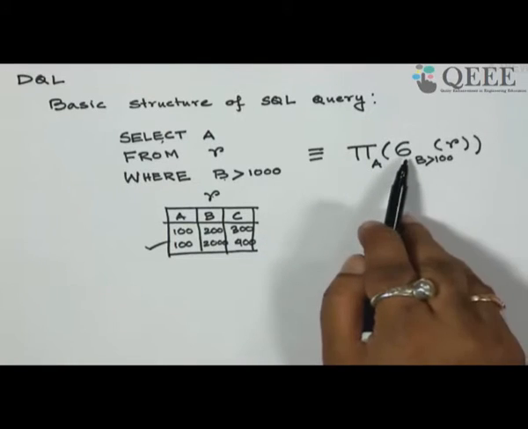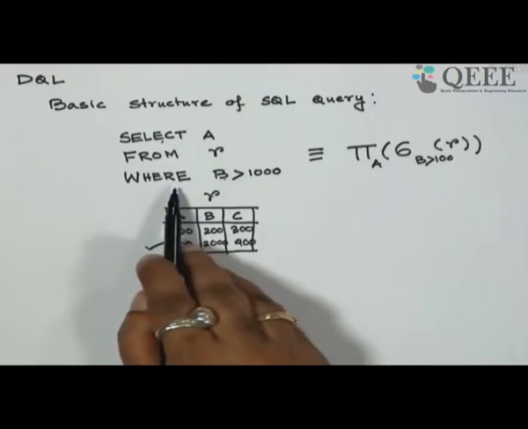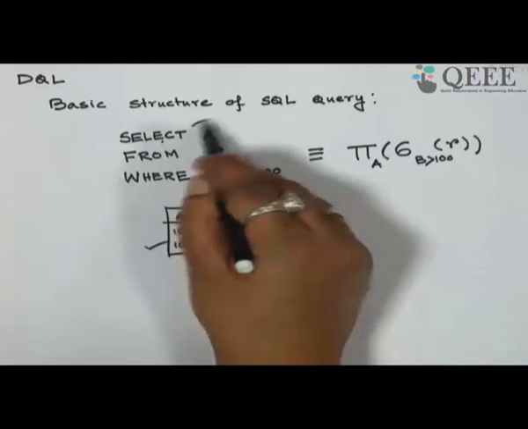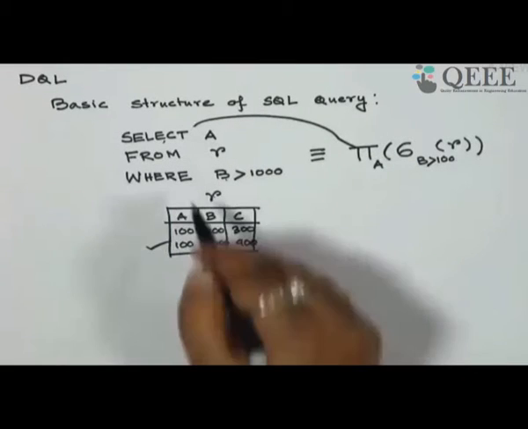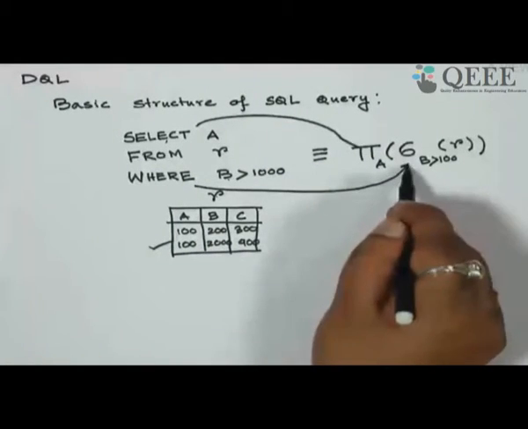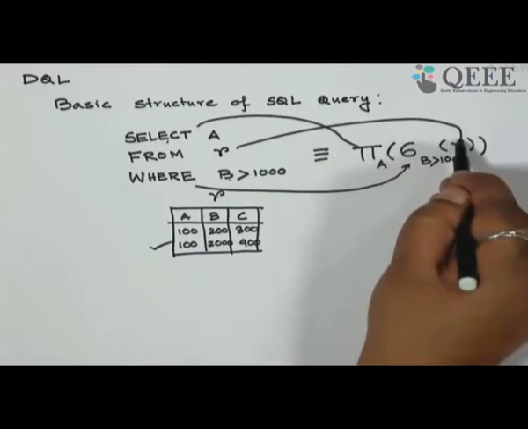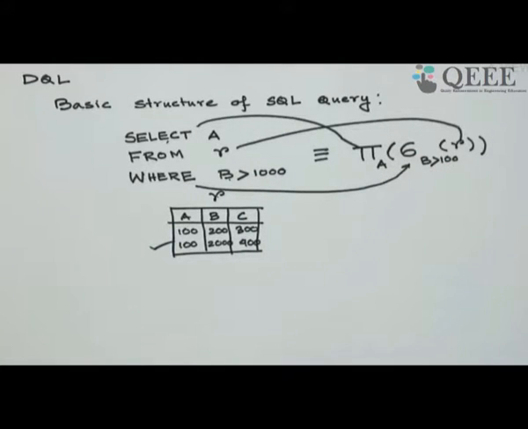The selection operator in relational algebra is actually the where clause. So the where clause maps here, and the from clause maps here. Okay. So this is the rule.